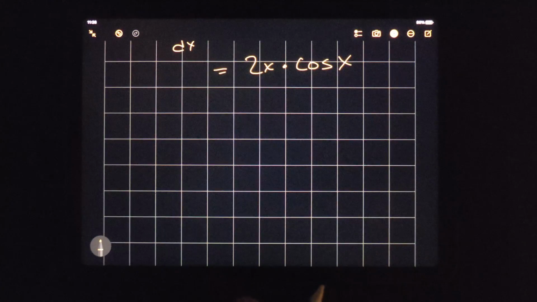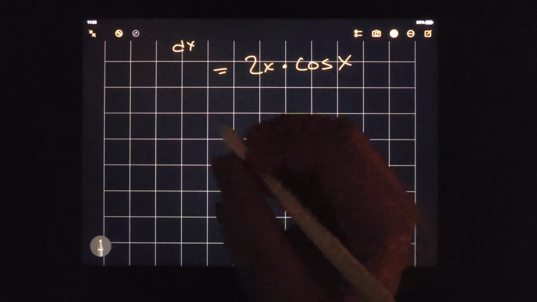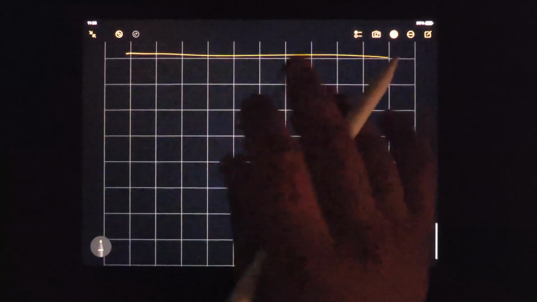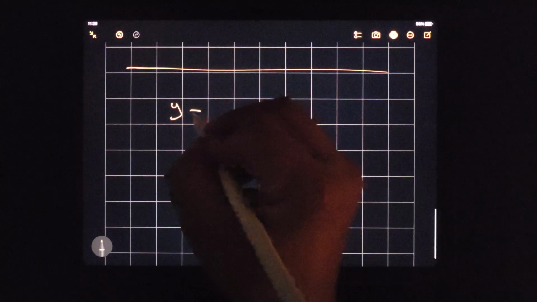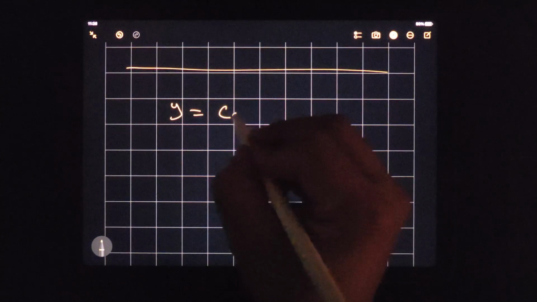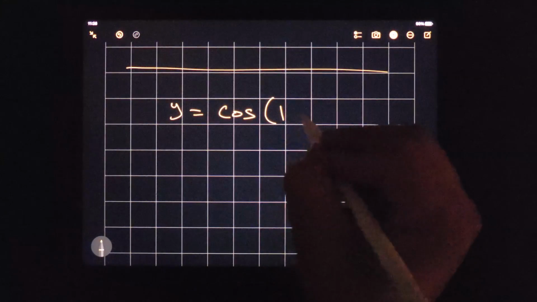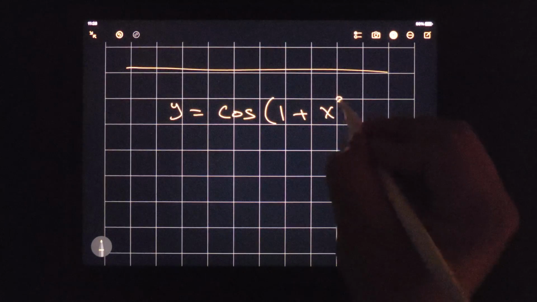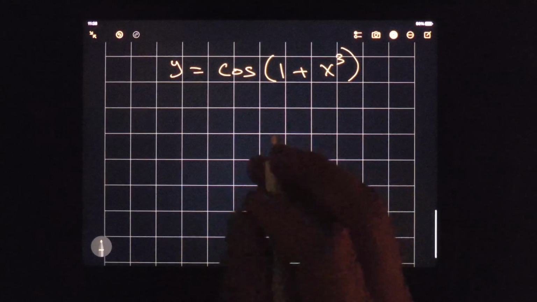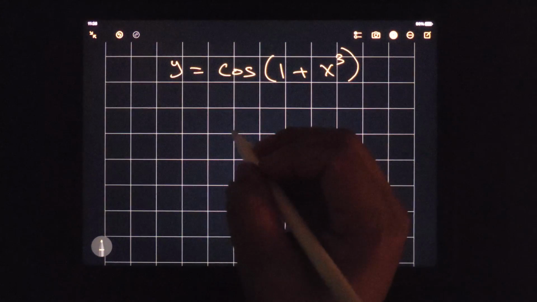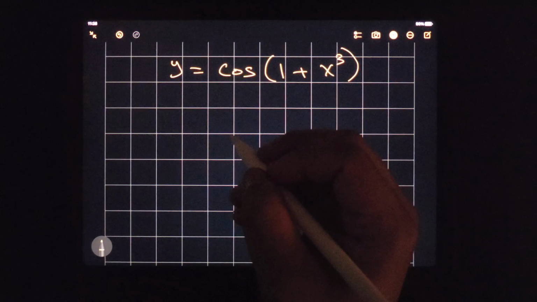Let's do another one. Let's do y is equal to cos of 1 plus x cubed. So let's start doing this one.